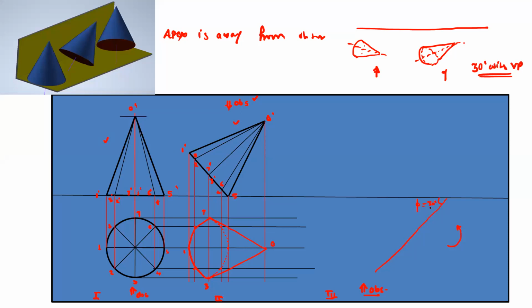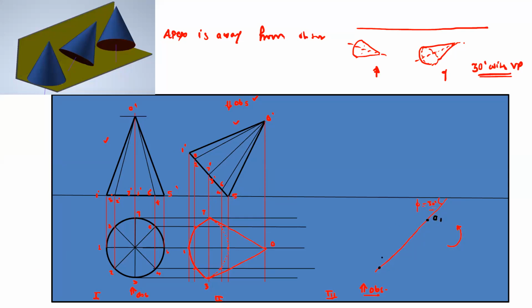So on this line of true inclination, just mark the true length, which is 65 mm. So you can take this point as a point O1.